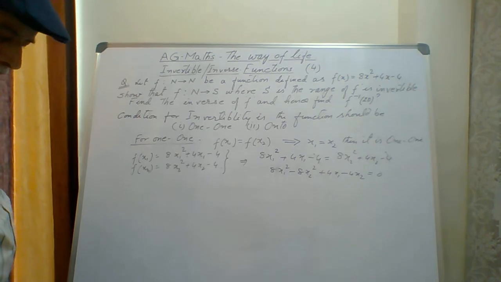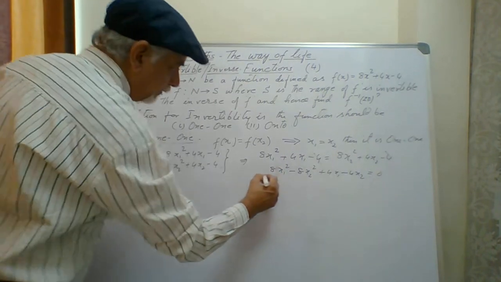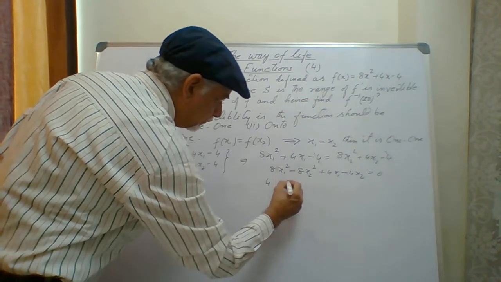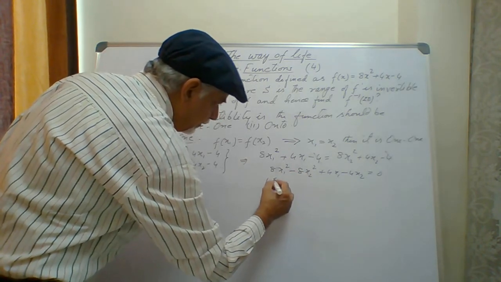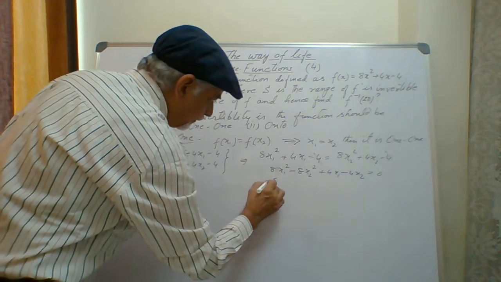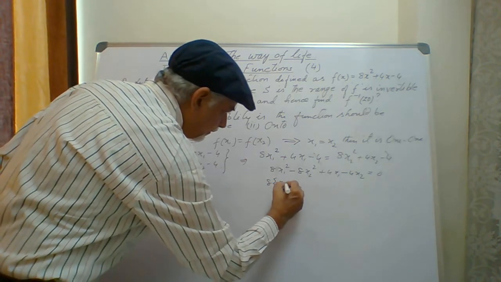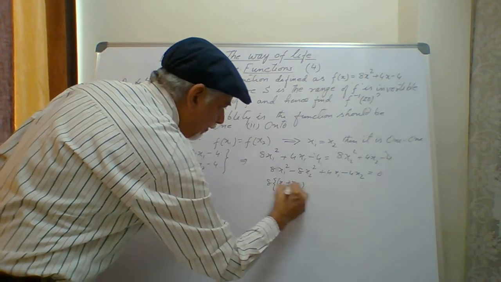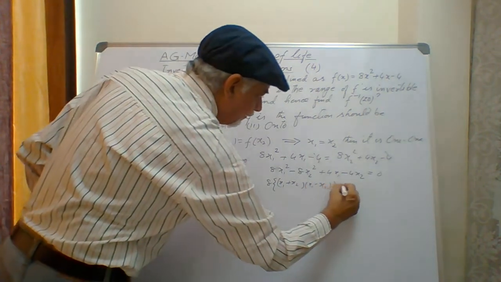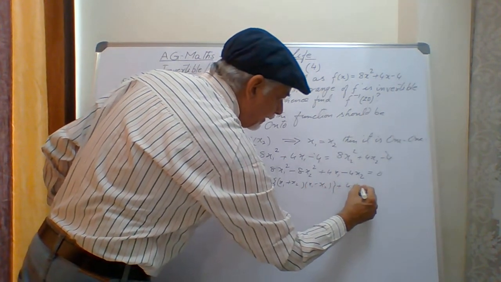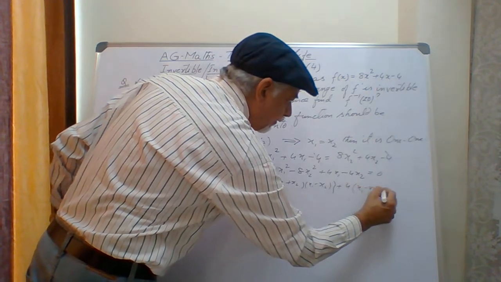Then we take 8 common and use a square minus b square, so we write 8 times (x1 plus x2)(x1 minus x2), then plus 4(x1 minus x2).